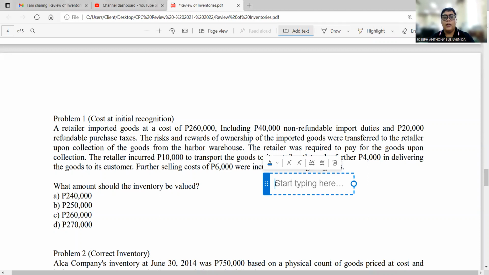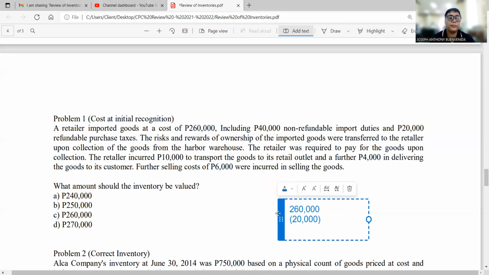The cost is 260,000, which includes 40,000 non-refundable and 20,000 refundable. The non-refundable duty is already part of the cost, but the refundable tax we need to deduct from the cost of the inventory. What else is included as part of inventory?